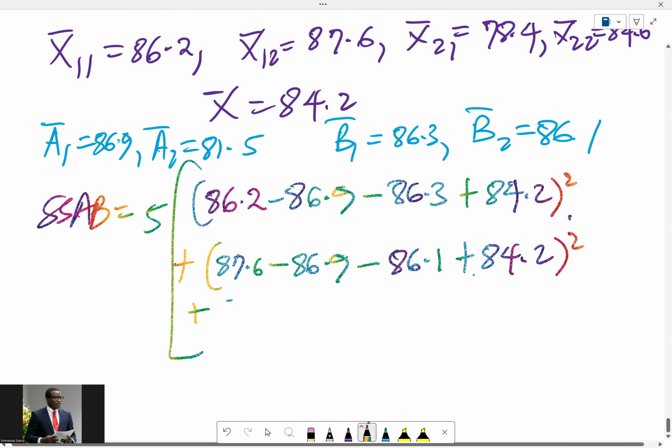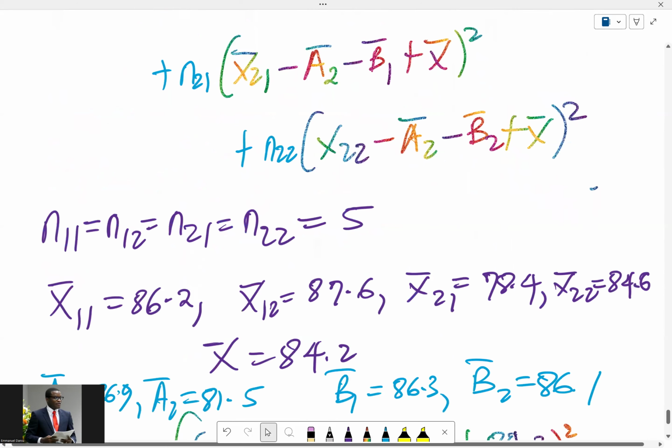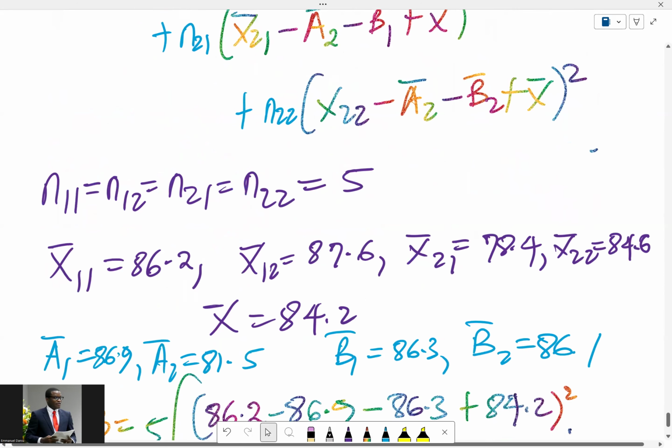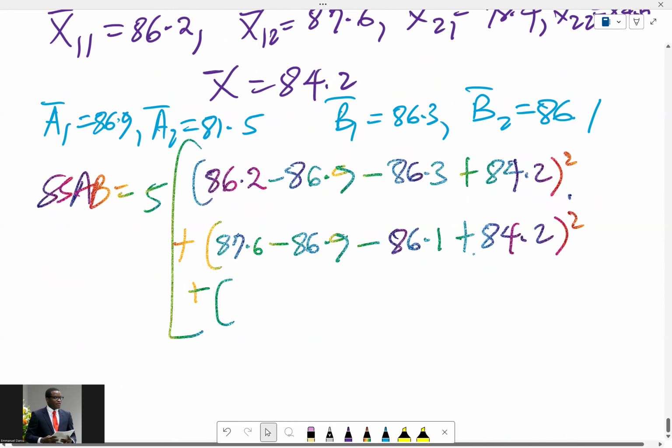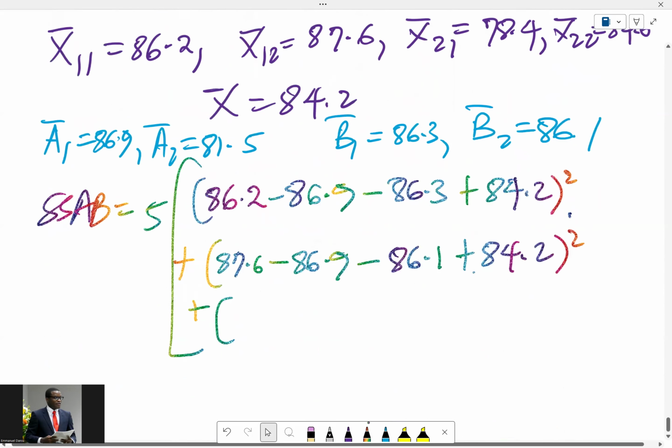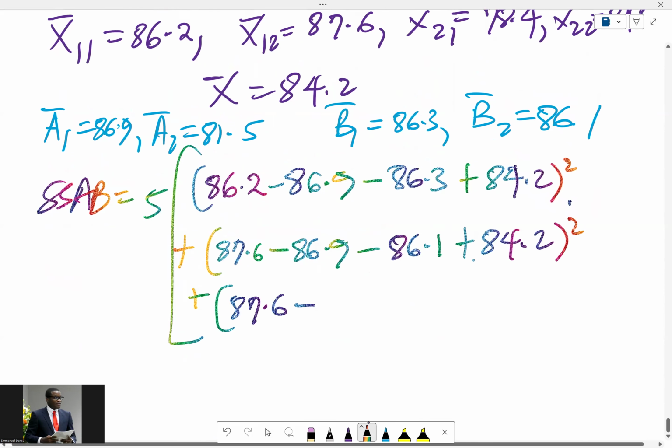Then the third layer is x21 bar, 78.4 minus A2 bar, that's 81.5, minus B1 bar, that's 86.3, plus 84.2 all squared.